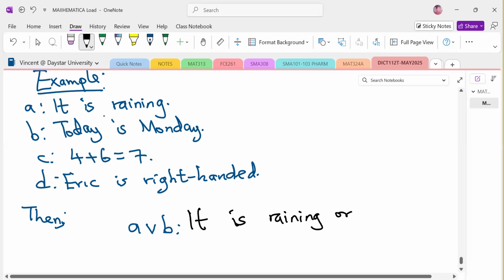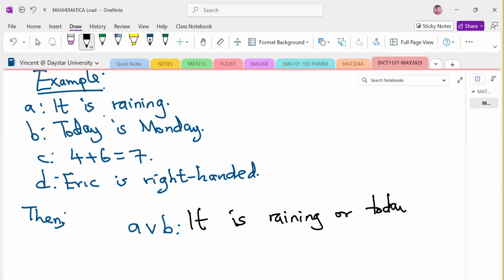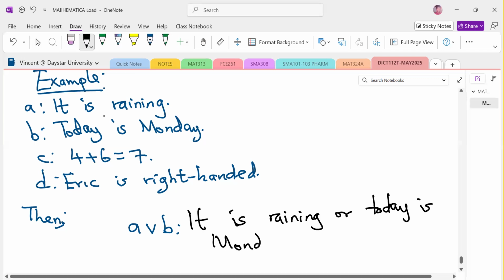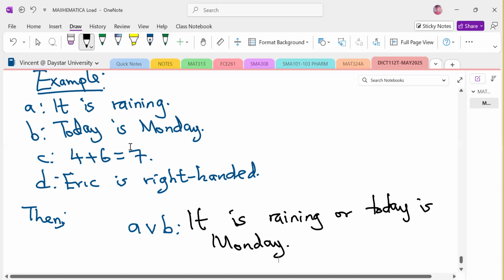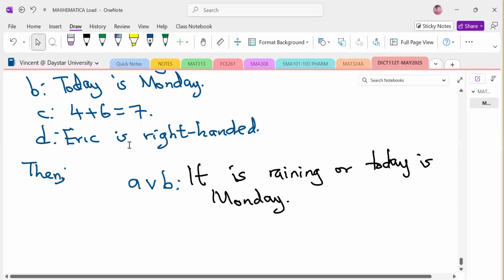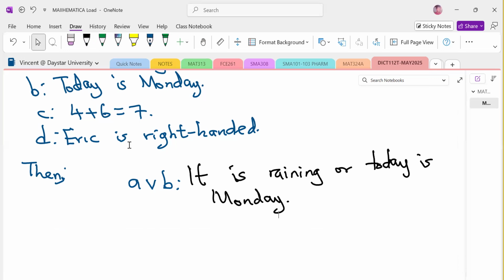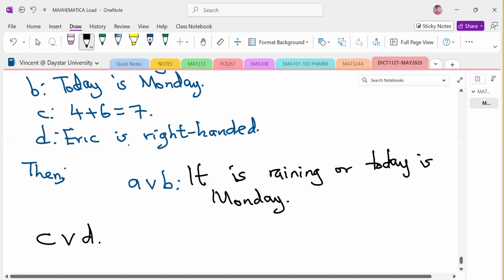or today is Monday. Please remember, when we are constructing compound statements, sometimes things we form may not make any sense in English in normal world, but what matters is the logical connection. So sometimes the compound statement we are forming may not be sensible under normal circumstances, but what we respect is the logical connection we are discussing. Then what would be the meaning of this statement?